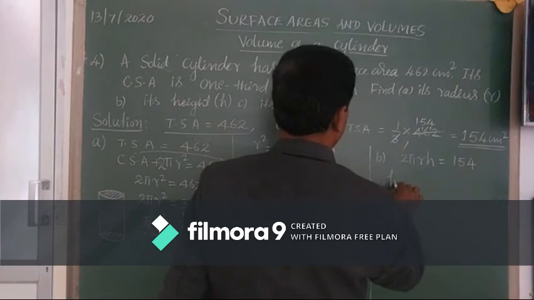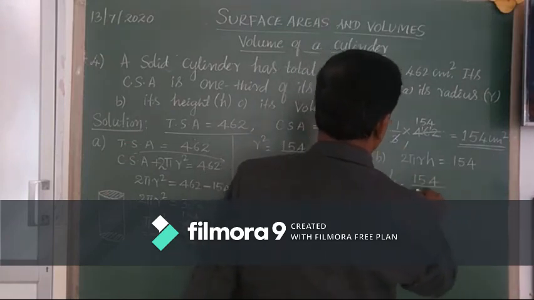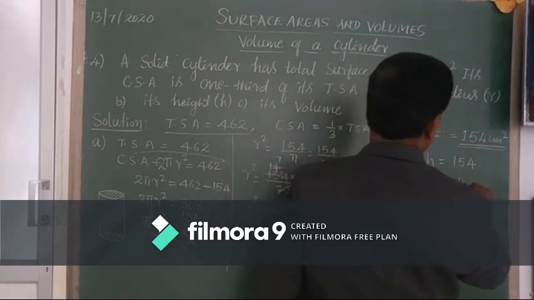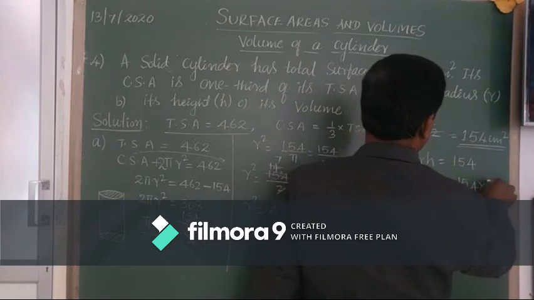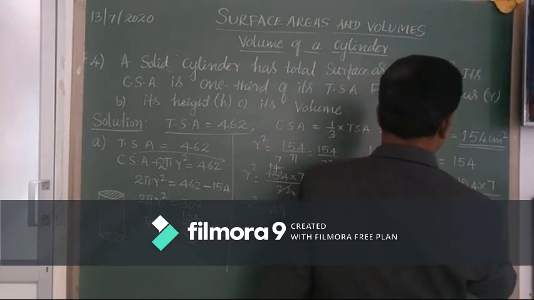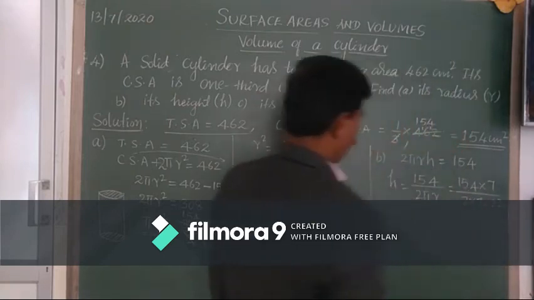Then we want h. h is equal to 154 by 2 pi r, that is 154 by 2 into 22 by 7 into 7.